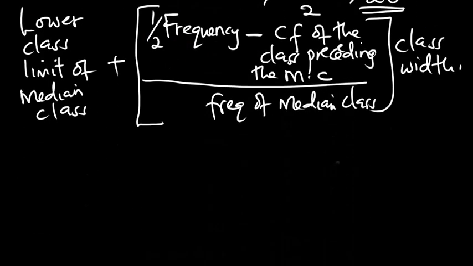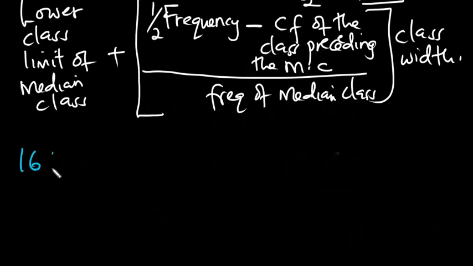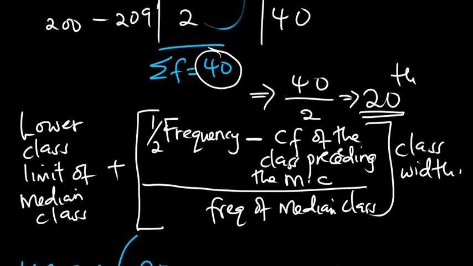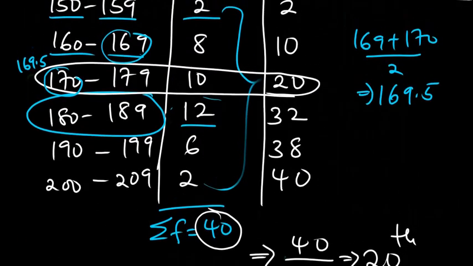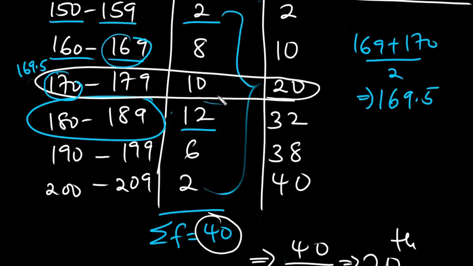So we're going to have 169.5 plus a half of the frequency. The frequency is 40, so a half of the frequency is 20, and then minus the cumulative frequency of the class preceding the median class.